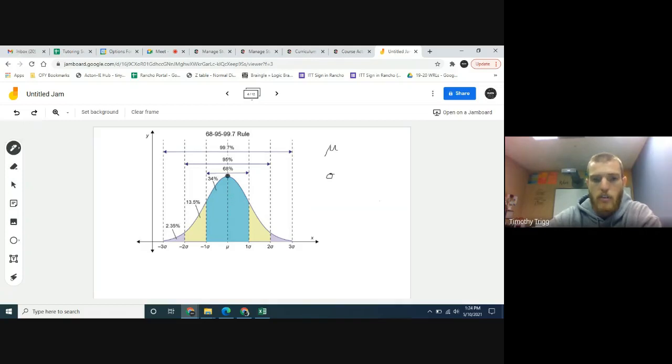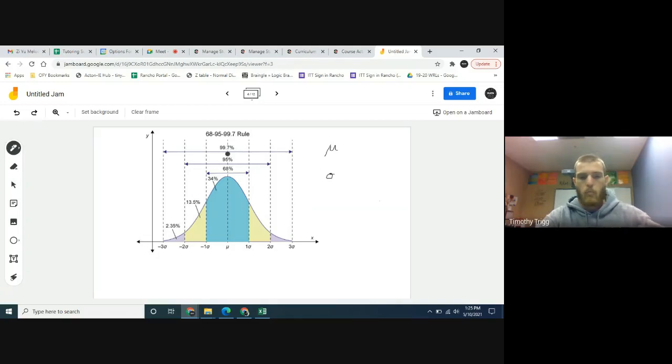Okay, so together 68% of the values are within one standard deviation of the mean. And 95% of values will fall within two standard deviations of the mean. And 99.7% of values will fall within three standard deviations of the mean.